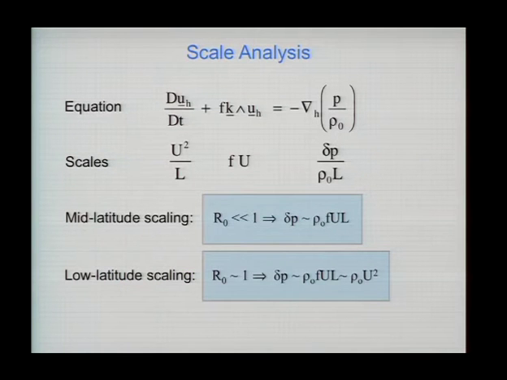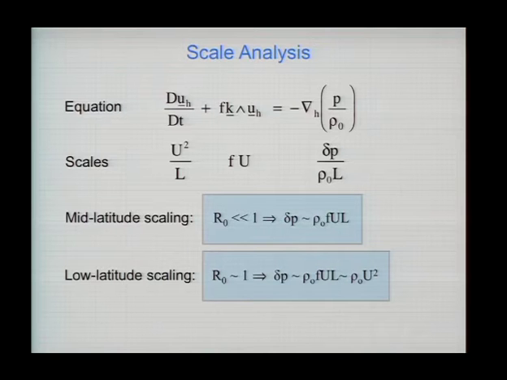So let's get cracking and see how we can use some of these ideas. There's Newton's second law, there's the scaling. Now, if the Rossby number is small, what does that mean? It means that the Coriolis term is important relative to the acceleration.